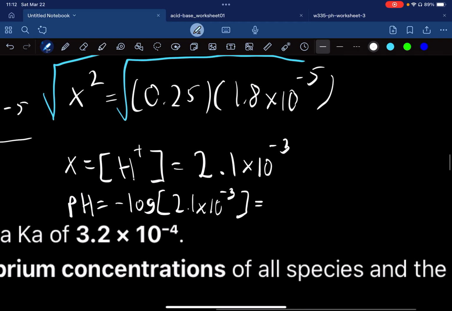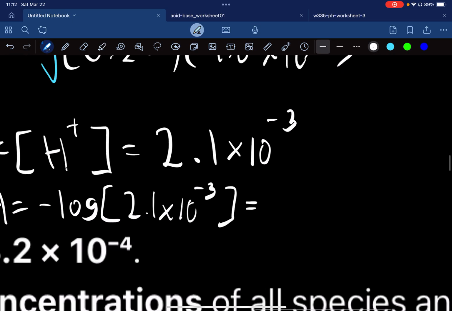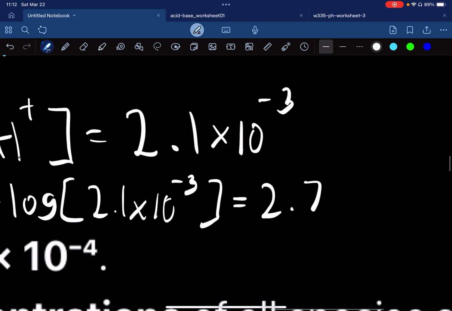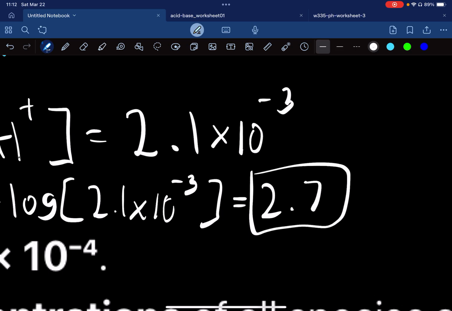So we're gonna do negative log of 2.1 times 10 to the power of -3, and we're gonna get our pH, 2.6. So you find your pH.